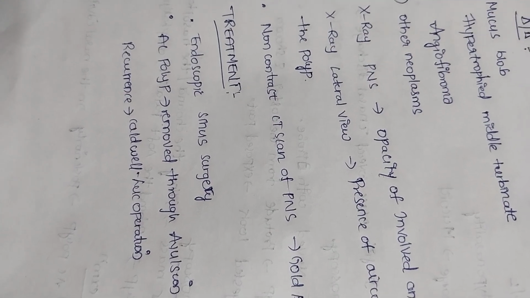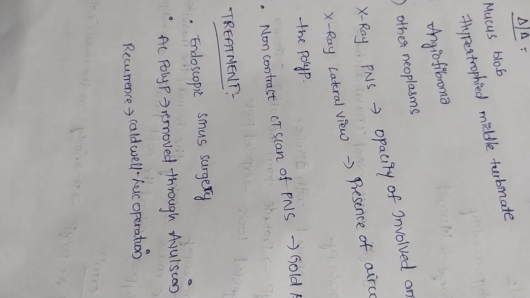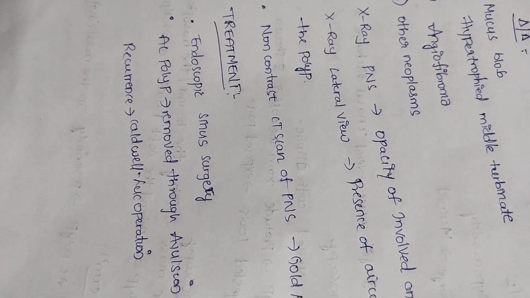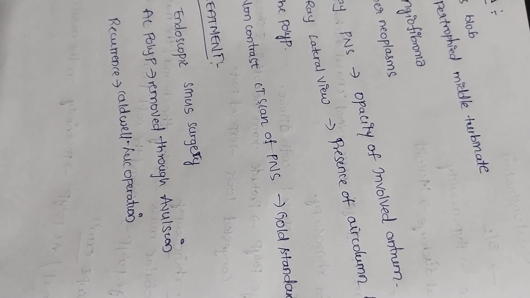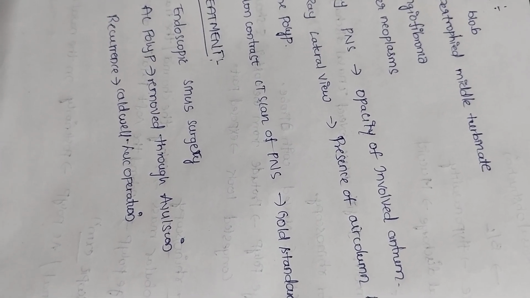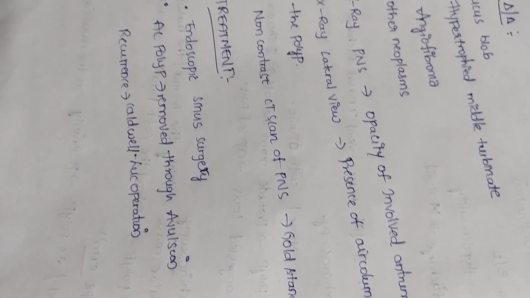Our antrochoanal polyp should be differentiated from other neoplasms of the maxillary sinus or any other part of the nose. On X-ray paranasal sinus, you will appreciate opacity in the involved antrum. On X-ray lateral view, you will see an air column behind the polyp.